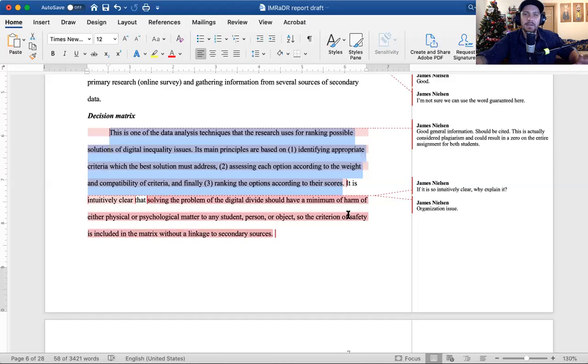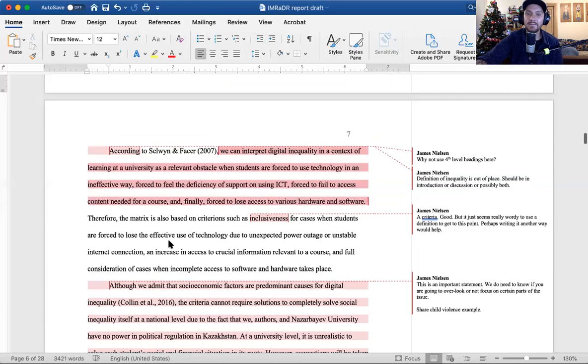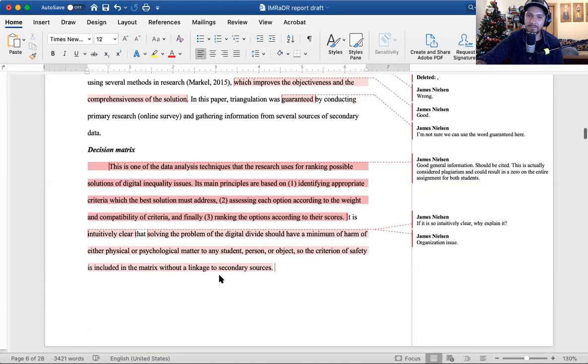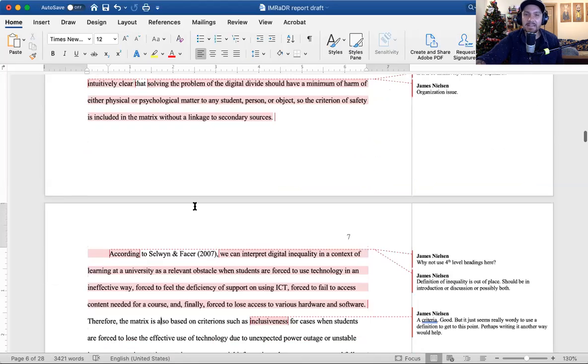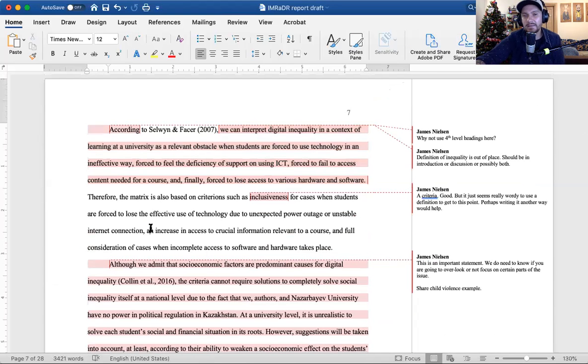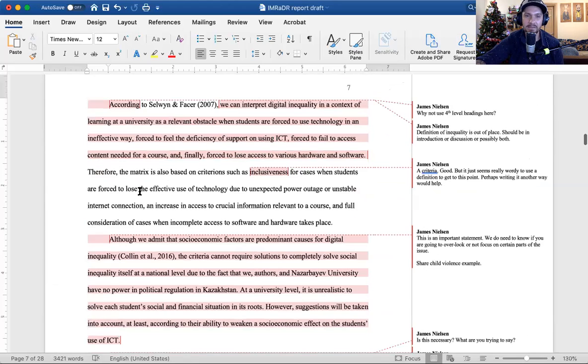Okay, it doesn't have to. Some of it can be logical, some of it can be based off of primary research. But even if it's based off of primary research, I still expect to see a multiplicity of secondary sources cited in these paragraphs and engaged in conversation with each other. Okay, so effective use of a multiplicity of sources here. All right.